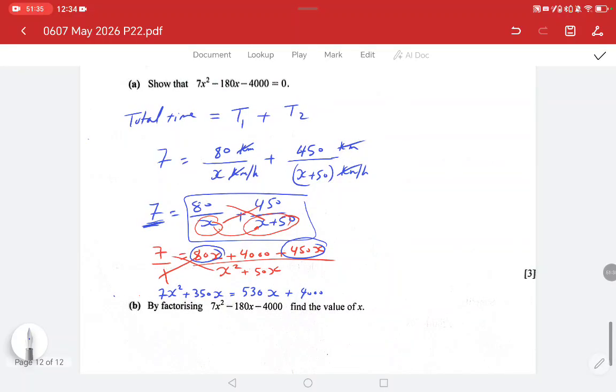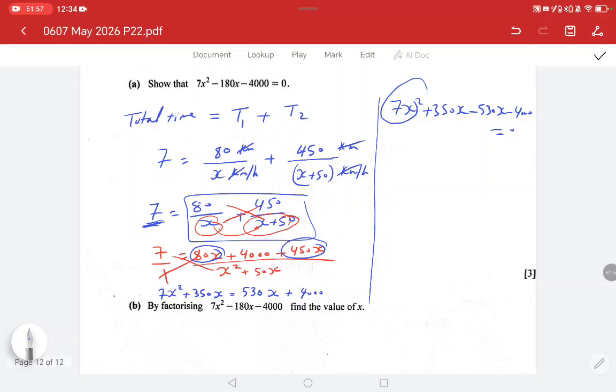Then we need to collect all of them on one side. So we have 7x squared plus 350x minus 530x minus 4,000 equals 0.